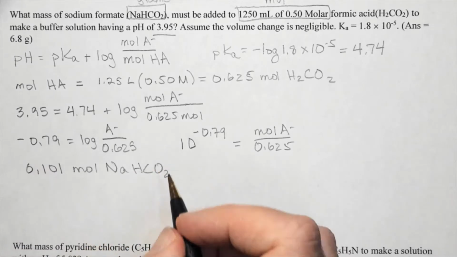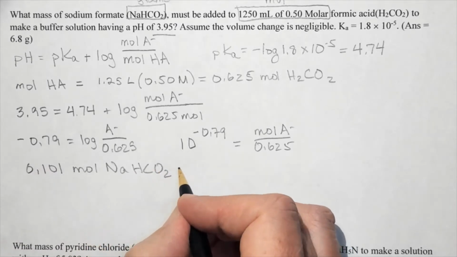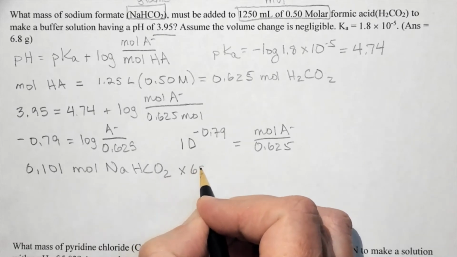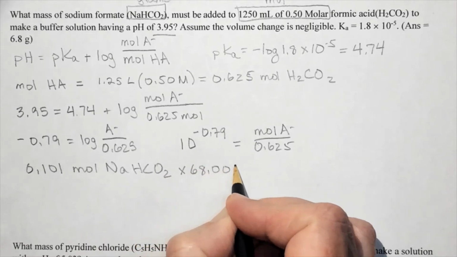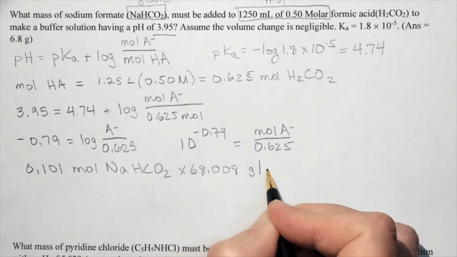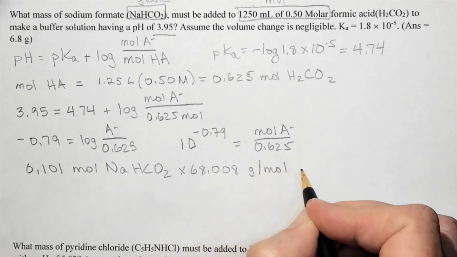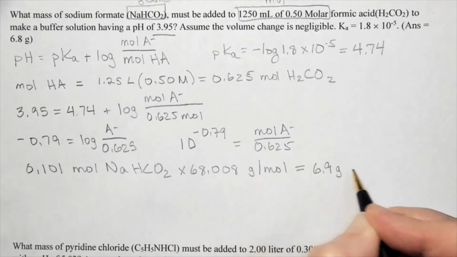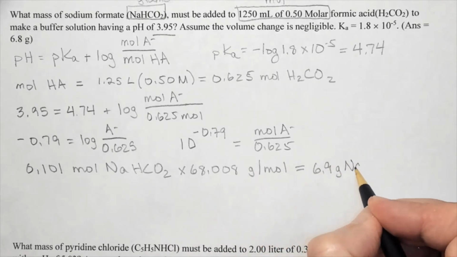And then you're going to use your periodic table, and the molar mass of the sodium formate is 68.008 grams per mole. And when we do sig figs, this is 6.9 grams of the sodium formate.